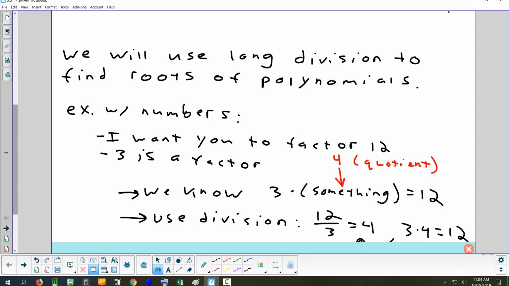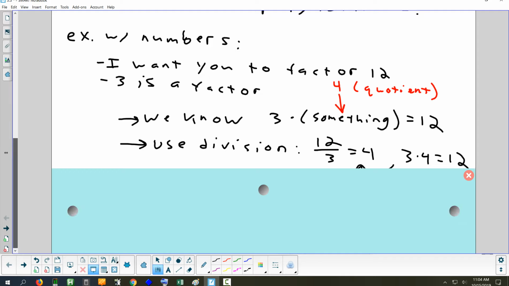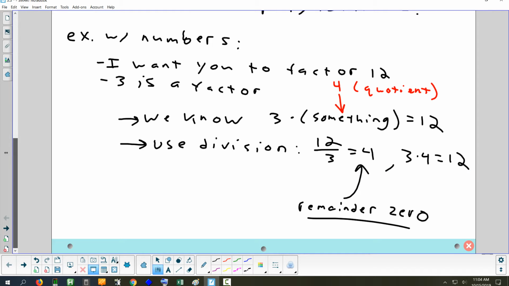You have to use division to find it. Now, the key, and the way that you know a number is a factor, is when you do division, you get a remainder of 0. If I took 12 and divided by 6, I would get a remainder of 0. That means that 6 is a factor of 12.